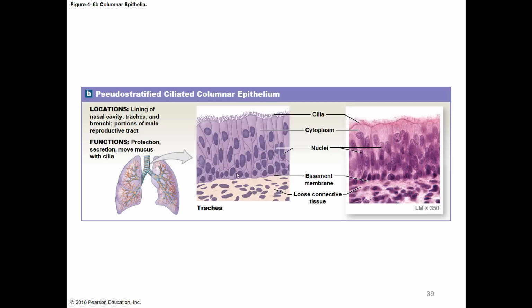It's again a little difficult to see in this image, but that's the definition of pseudo-stratified. It looks stratified, but it really isn't. It's not true stratification. All the cells are touching the basement membrane, which means we have one layer. And we're going to find this in parts of the respiratory system.